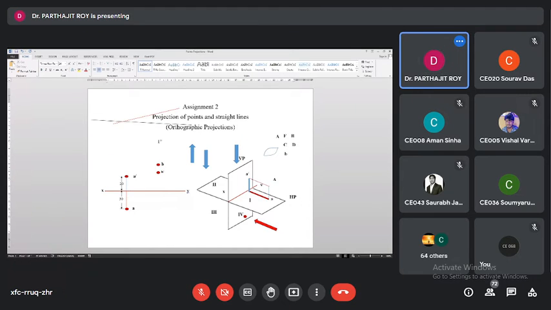Yes or no? Okay. If any doubt, speak up. No, sir. We are practicing second angle. Now we are using second angle projection. Correct?